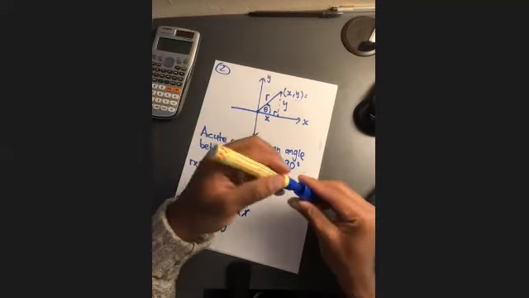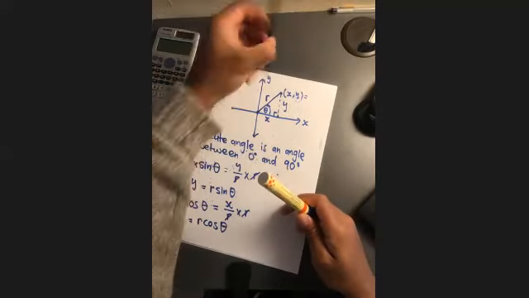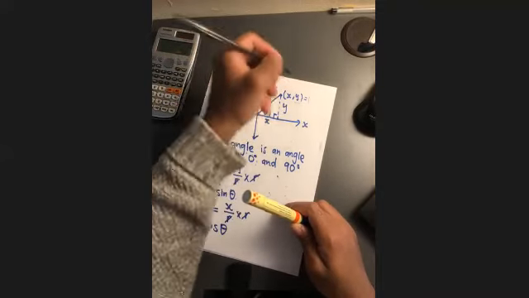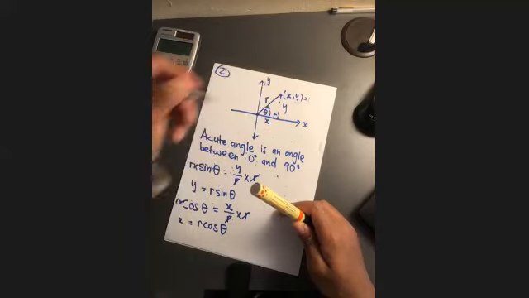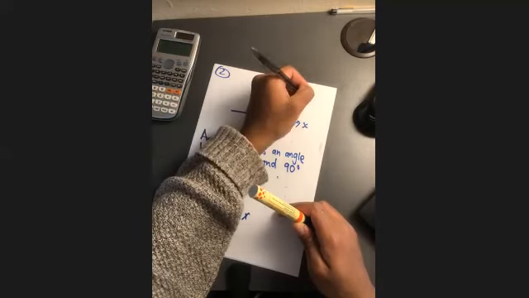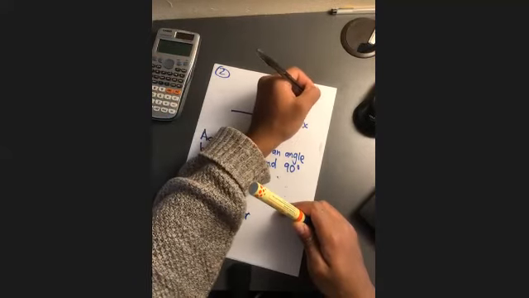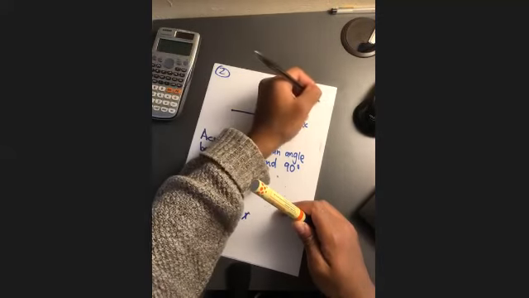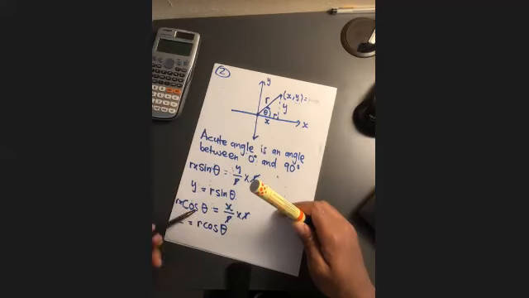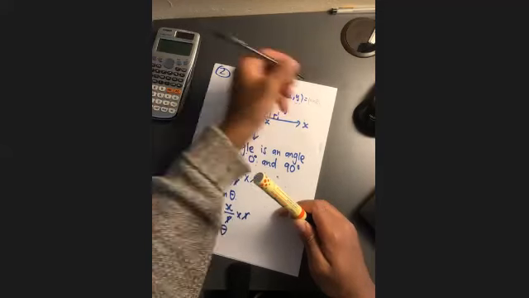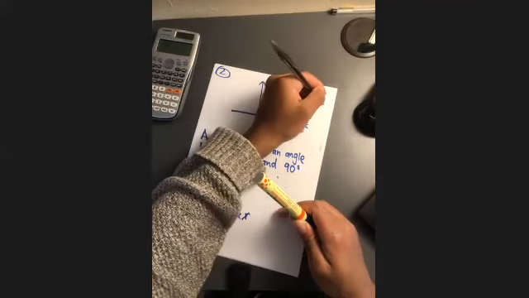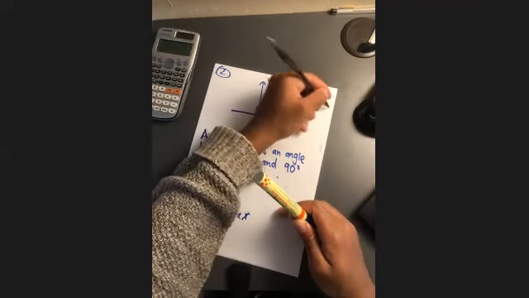I'm just going to write this with a pen because I don't have so much space to write in with a marker. So I'm just going to say that our x is equal to r cosine of theta, and then our y is equal to r sine of theta.